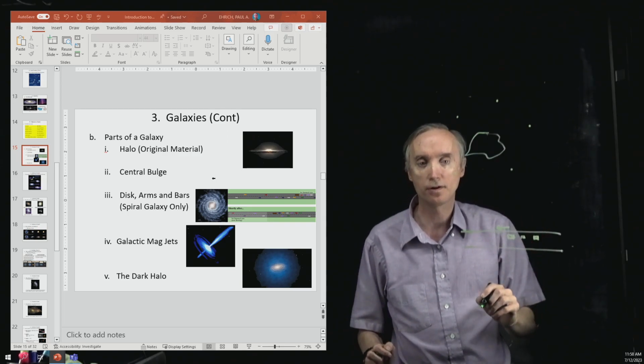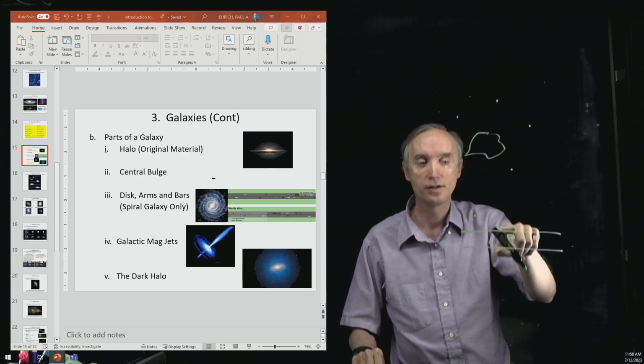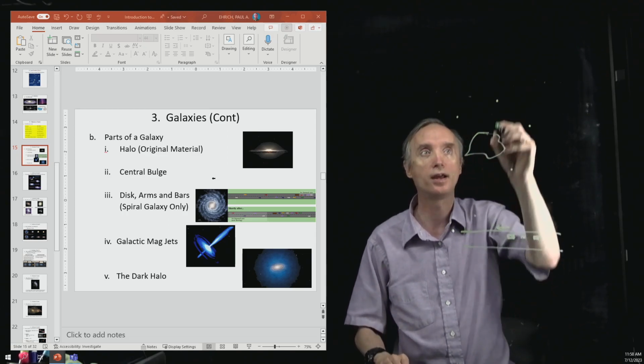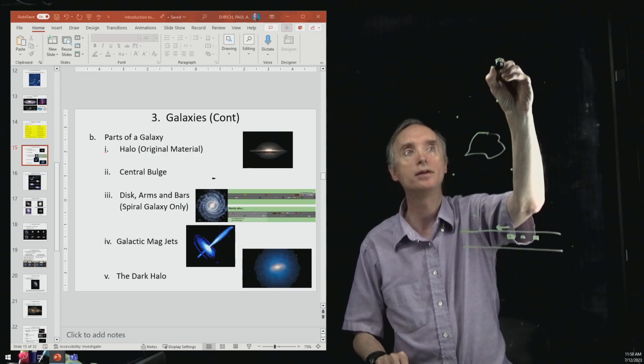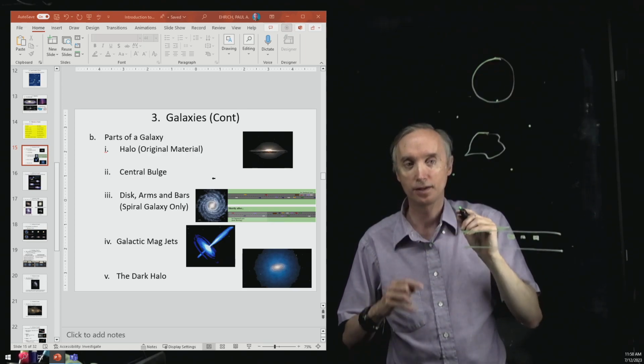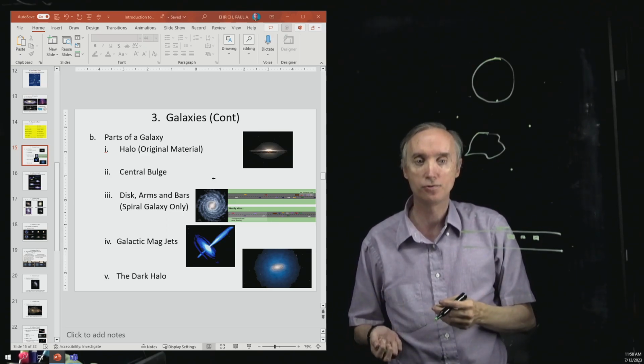So some stars are going to be going faster than the arms. Some stars are going to be going slower than the arms. Okay, now why is that true? Because if we draw a picture of the galaxy, it is going to obey Kepler's laws of motion.